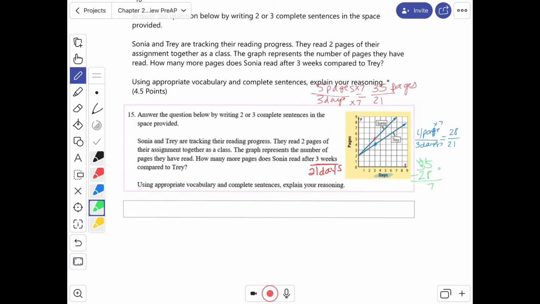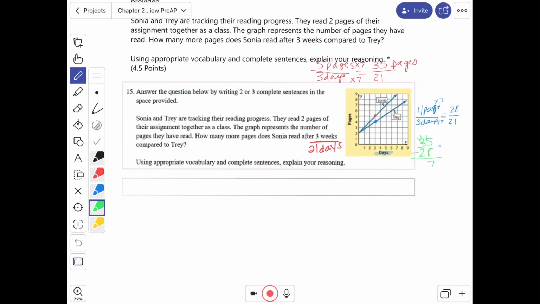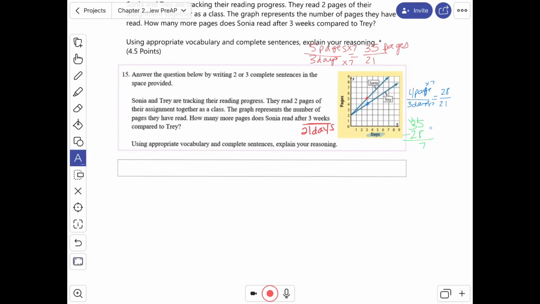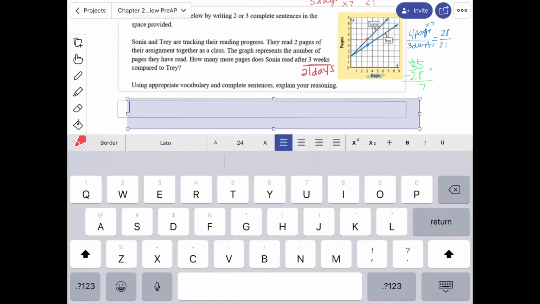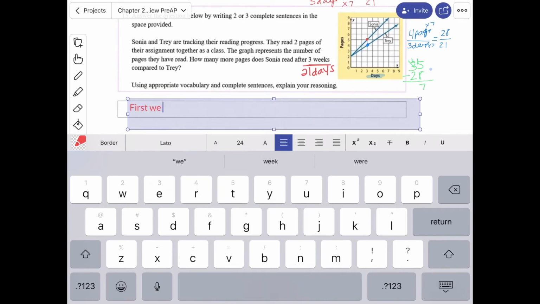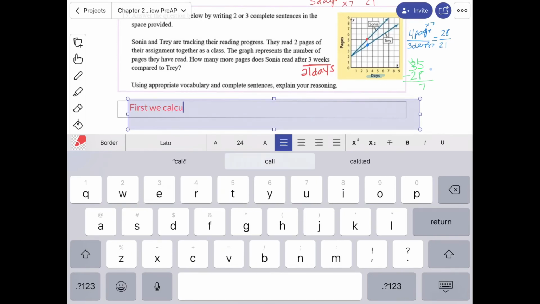Now, what could we write about? In words, we could talk about how we got there. First, we calculated each of their rates.